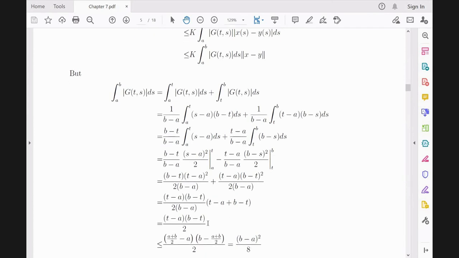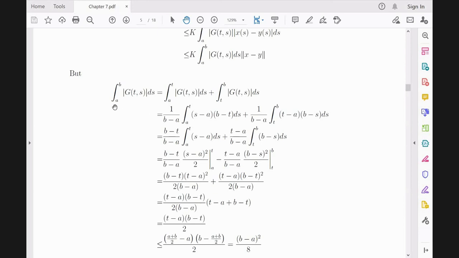Now this has a maximum value at t equal to (a plus b) over 2. So just substitute t equal to (a plus b) over 2. So this is less than or equal to ((a plus b) over 2 minus a) into (b minus (a plus b) over 2) over 2. So this is just (b minus a) square over 8.